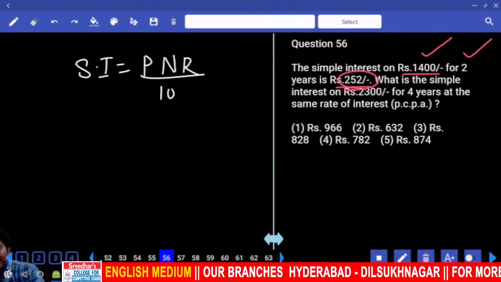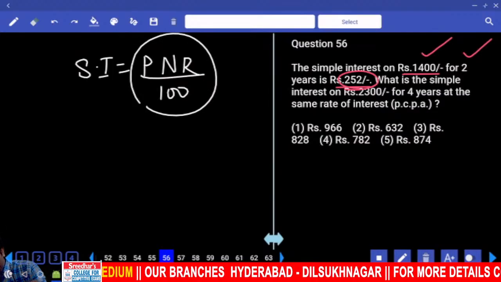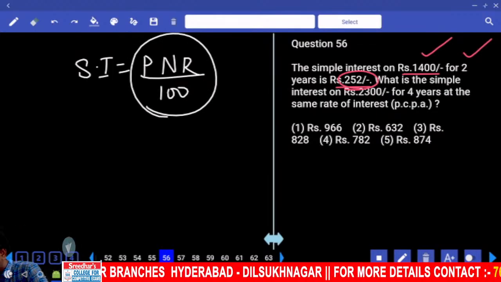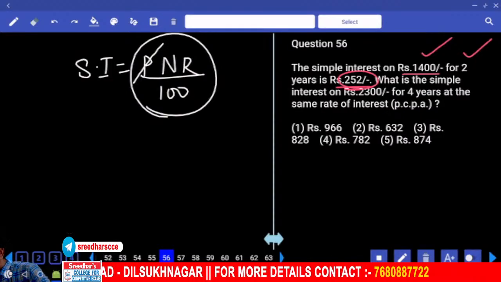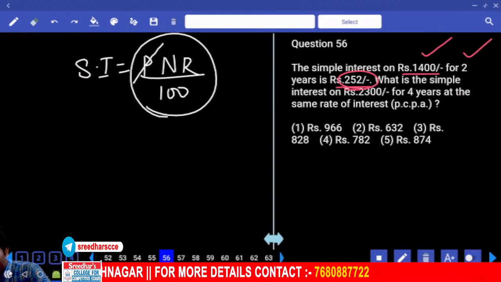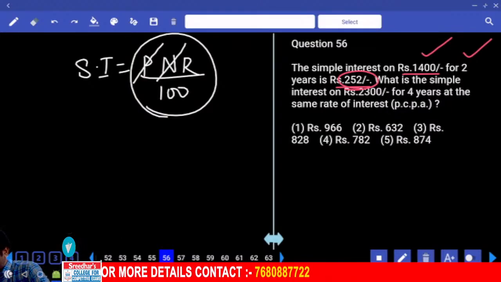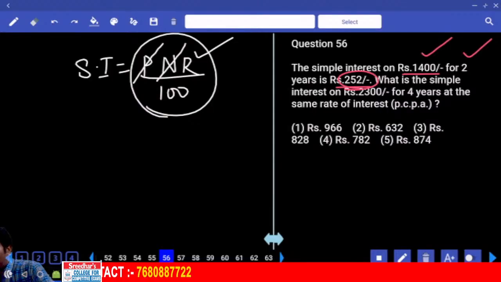PNR by 100. Correct? This number is a 9 multiple, 252. Correct? P is not a 9 multiple, not even a 3 multiple. N is also not a 9 multiple, not a 3 multiple. Then there is only one possibility, R has to be a 9 multiple, then only simple interest will be a 9 multiple. Agreed?